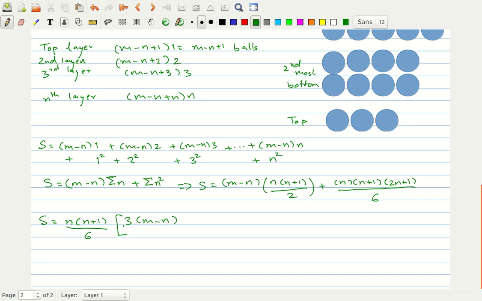Because 6 divided by 2 will give you 3, and here you will have 2n plus 1, and this gives us n times n plus 1 by 6 times 3m minus 3n, so you will get 3m minus 3n plus 2n is minus n plus 1, and that's it.